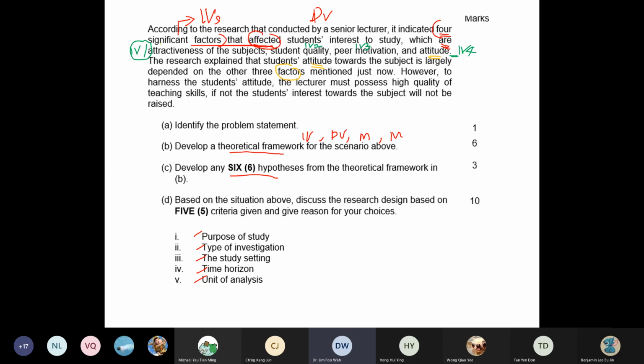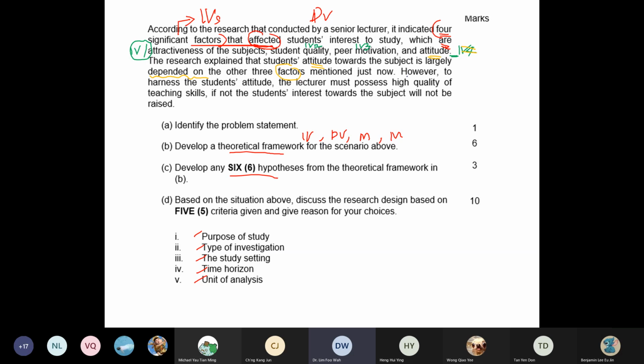So IV1 attractiveness of the subject, student quality and peer motivations are going to influence the attitude, because the scenario stated the sentences like this. So over here we cannot assume that this is IV4 anymore, because it will be impacted by the other three factors.